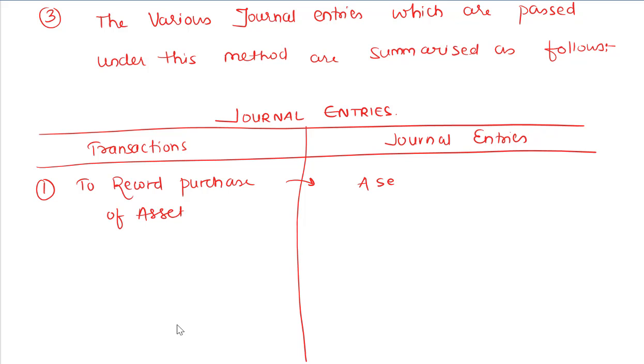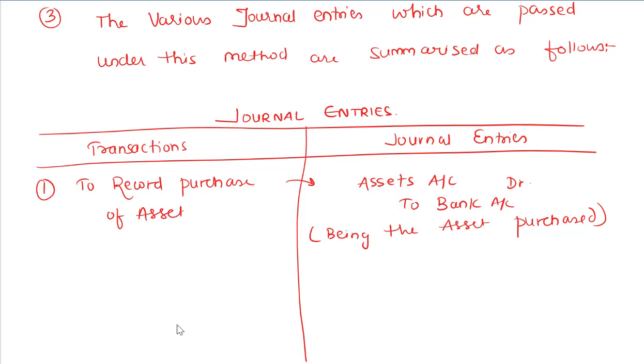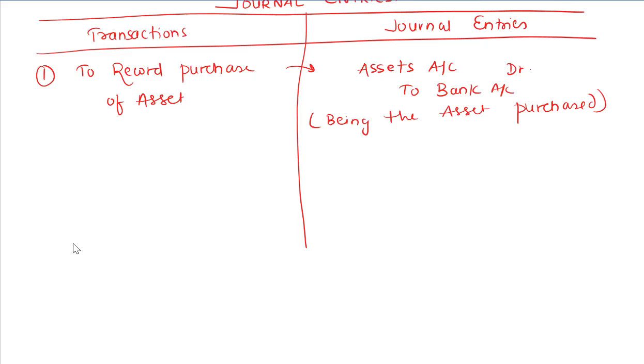The journal entry will be assets account debit to bank account, being the asset purchased. Understood? This would be the first journal entry.